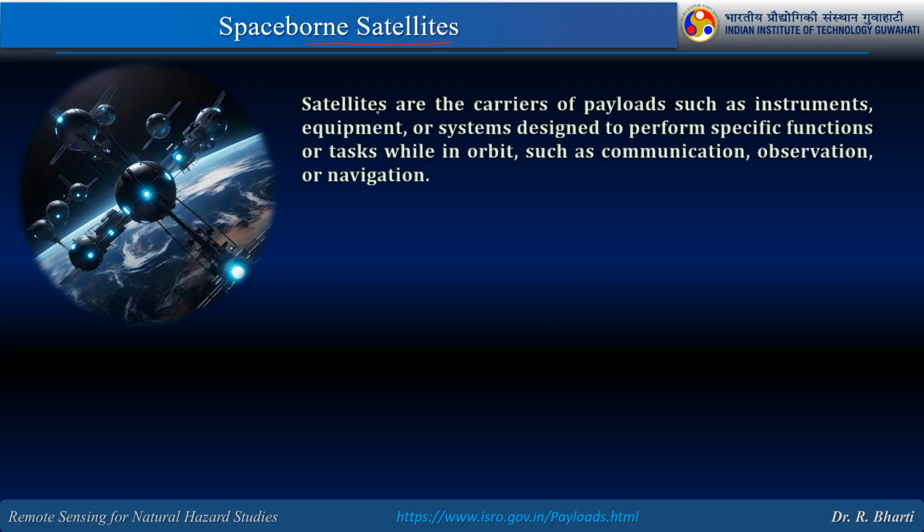So when we talk about the space-borne satellites, they are the carriers of the payload, right. So remember, satellites are the carrier, and the payload is an instrument, equipment or system designed to perform specific functions or tasks while in orbit, such as communication, observation or navigation, right.